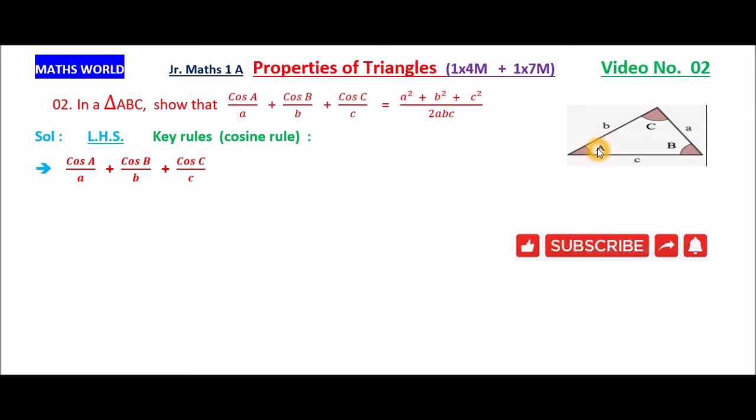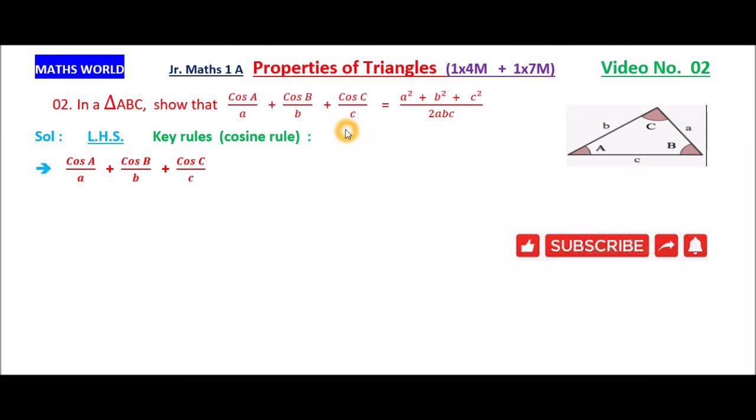So, what is cos A? The adjacent sides' lengths are B and C. The opposite side length is A. So cos A is equal to the sum of the squares of the adjacent sides, B square plus C square, minus the opposite side square, A square, divided by 2BC.